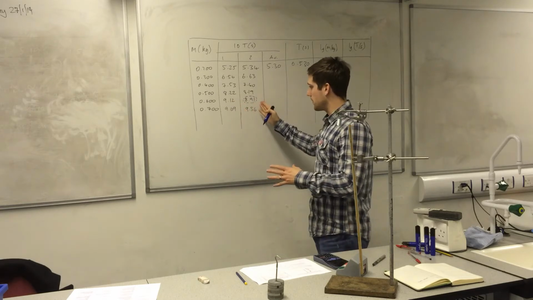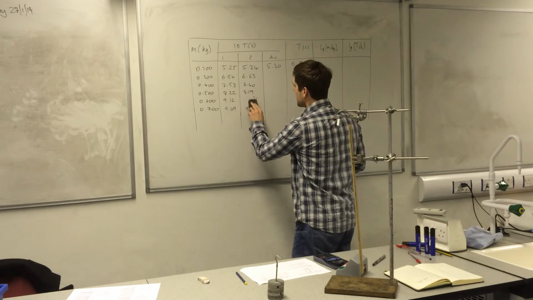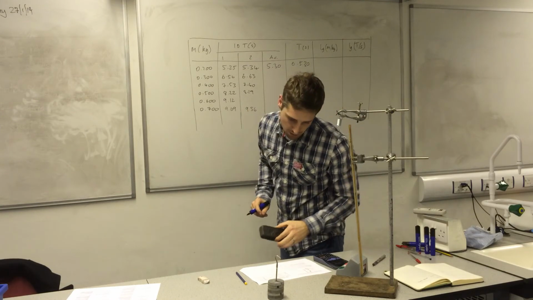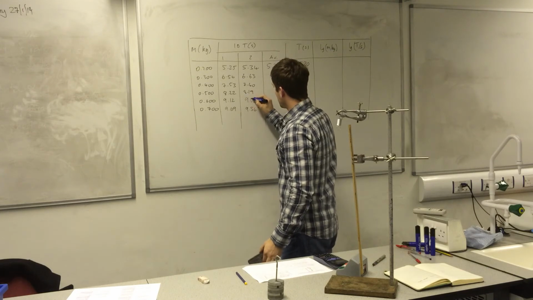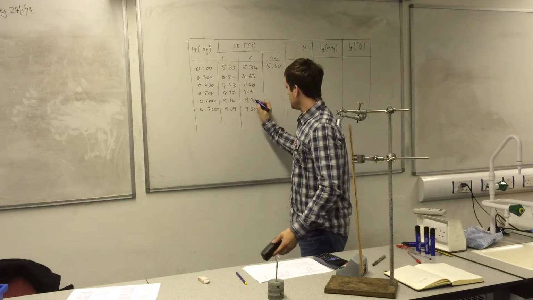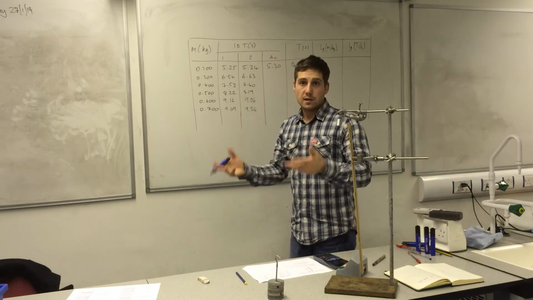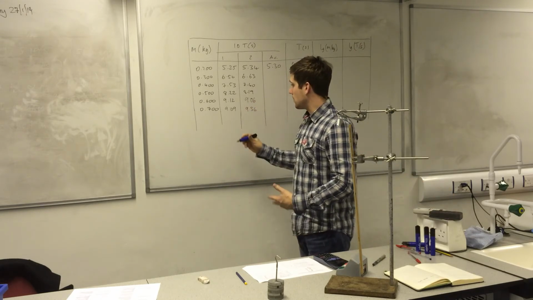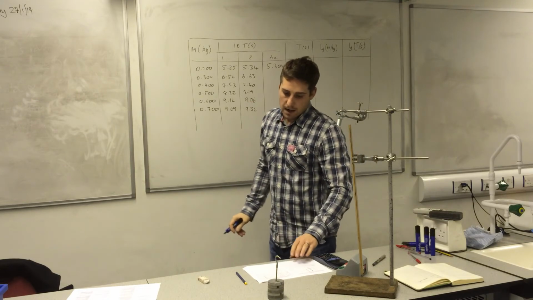I thought I'd just verify that one. As it turns out, it wasn't a good reading. So when I redid it, I got something a little more consistent. 9.06. So as you go along, it's a good idea to just be aware of anything like that. And if you do get a similar reading again as the one that you think might be a little bit out, then that's fine, you stick with it and proceed.